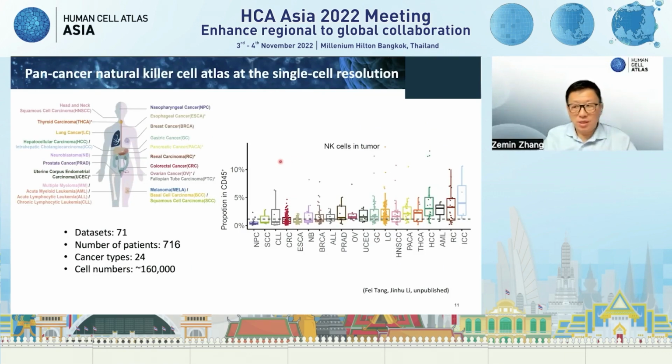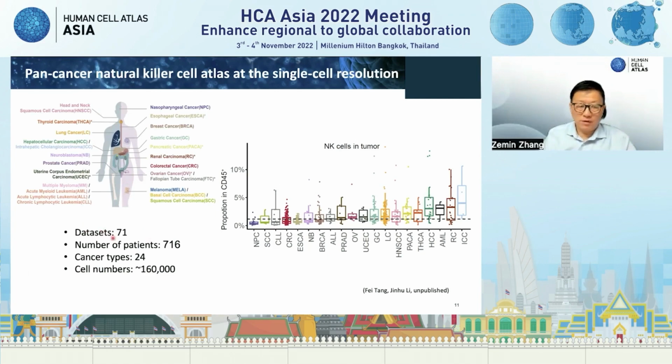In addition to T cells, we also recently performed a pan-cancer analysis of NK cells, or natural killer cells. Given that within the tumor tissues, the NK cells are relatively rare among CD45 cells, and that their heterogeneity is still poorly understood, it is both difficult and important to build such a large-scale NK cell atlas.